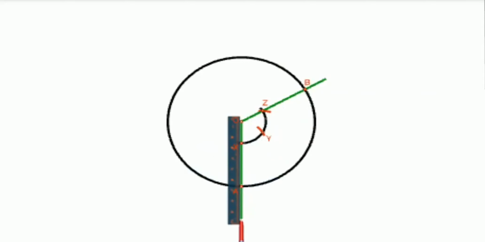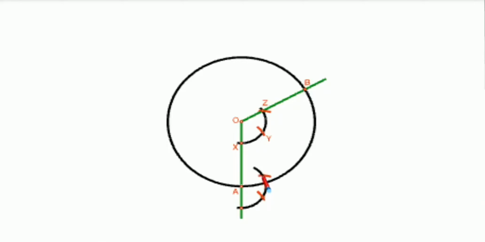Extend OA, because we want to construct a 90 degree angle at point A. Taking a convenient radius, we made the black color arc. See, from this point, without changing the radius, we will cut the previous arc. Now from the red color arc, from that point, without changing the radius, we'll cut the previous arc.